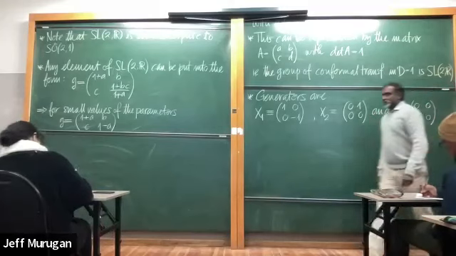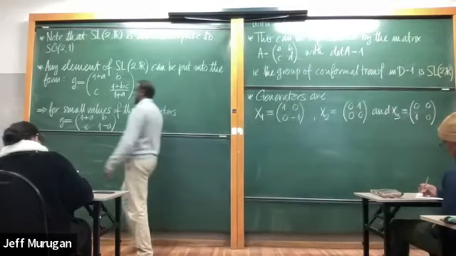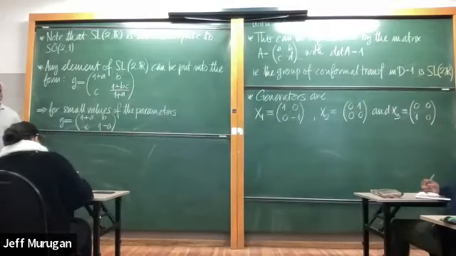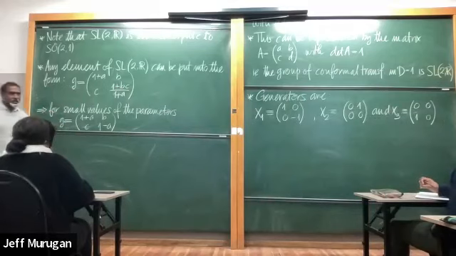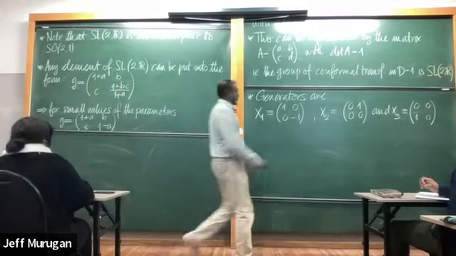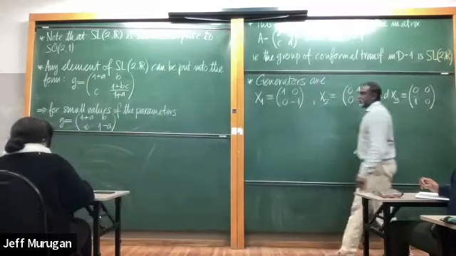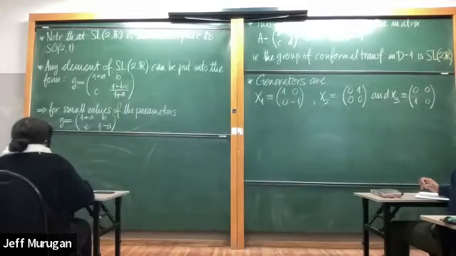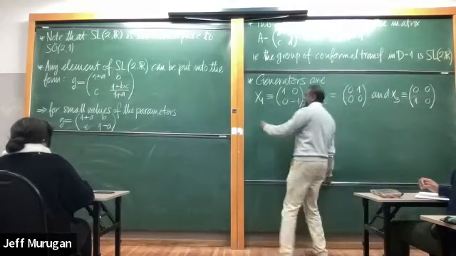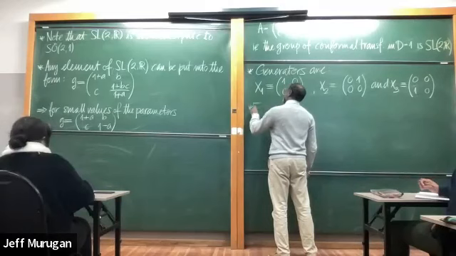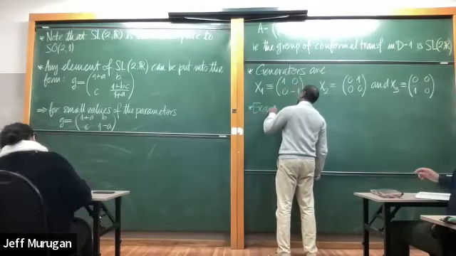And you can see that by taking linear combinations of those three matrices, I can build up any matrix like this. Of course, there's the identity as well, but we are talking about a group here.